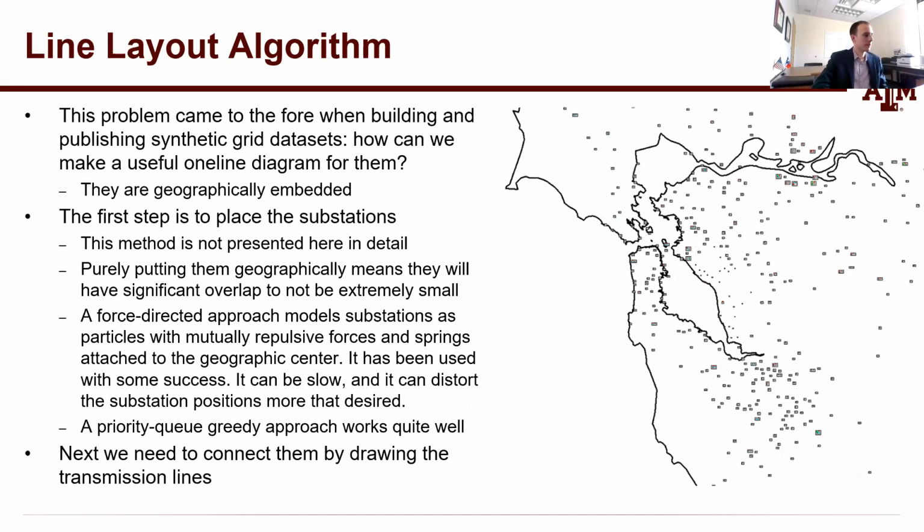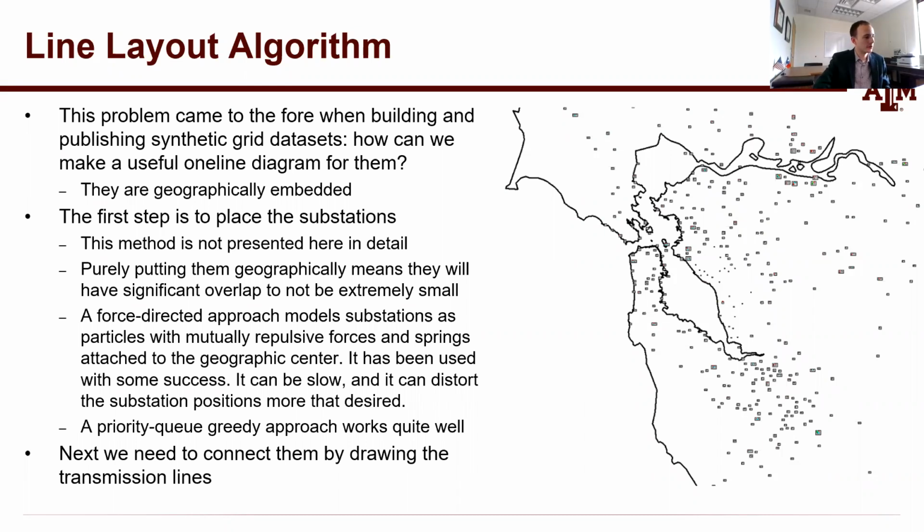So there's a couple of different approaches for placing substations on a diagram that allow it to still be geographically embedded, still be geographically relevant, but not too hard to understand, not too clustered. And so there's a force-directed approach that has been used with some success, but tends to distort the substations quite a bit. So that's one option.